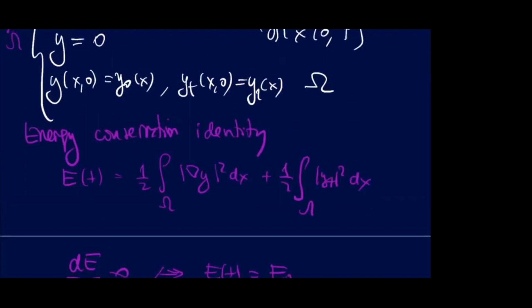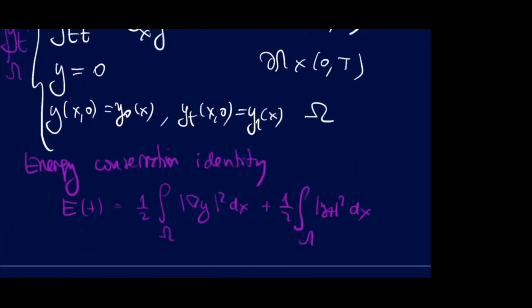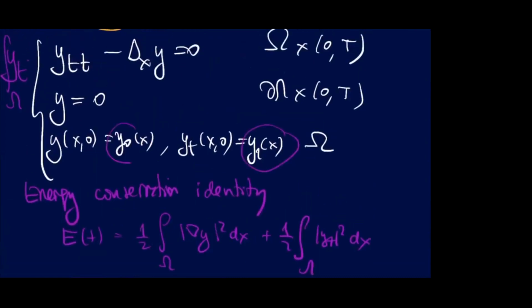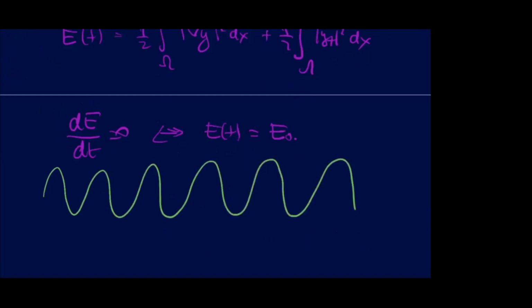In particular, this means that whenever you give me initial data on this system, which have a given level of energy, and in particular are non-zero, the solution will never be zero, right? This is a permanent vibration, an endless permanent vibration, right? In an infinite dimensional space, right?